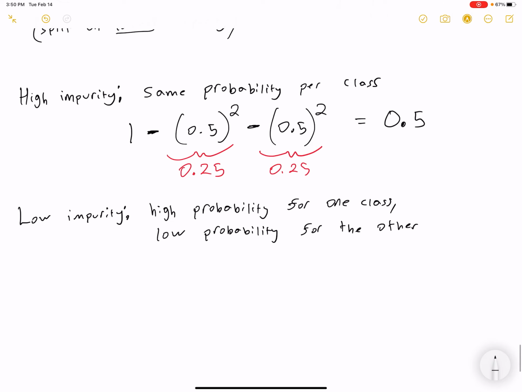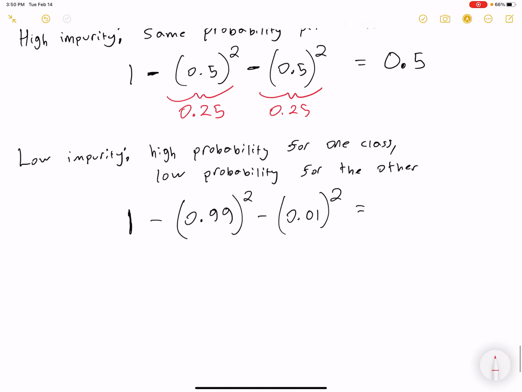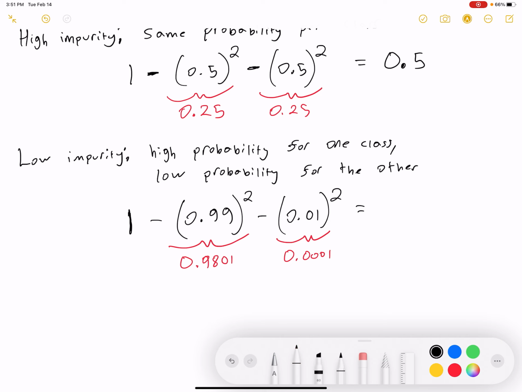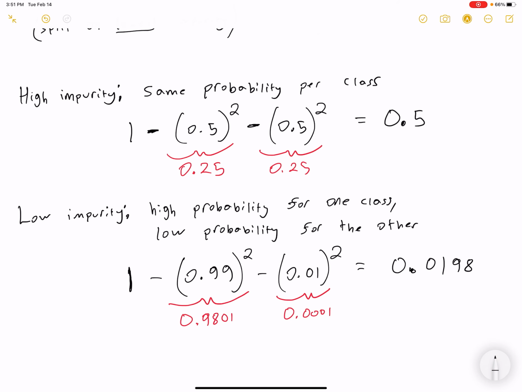So for example, this might be in binary classification 1 minus 0.99, probability of 0.99 for one class, and the probability of 0.01 for the other class. So 0.99 squared happens to be 0.9801, and 0.01 squared happens to be 0.0001. So this comes out to be 0.0198.